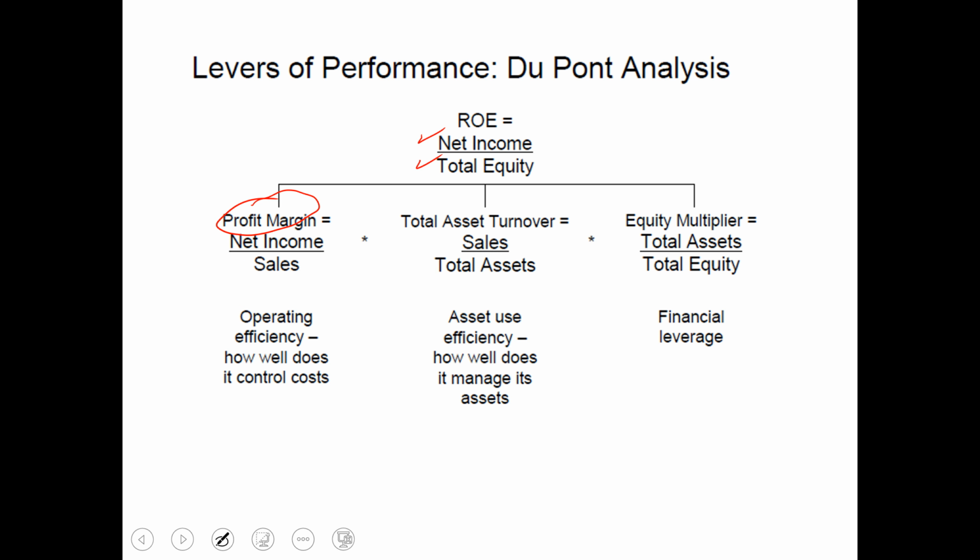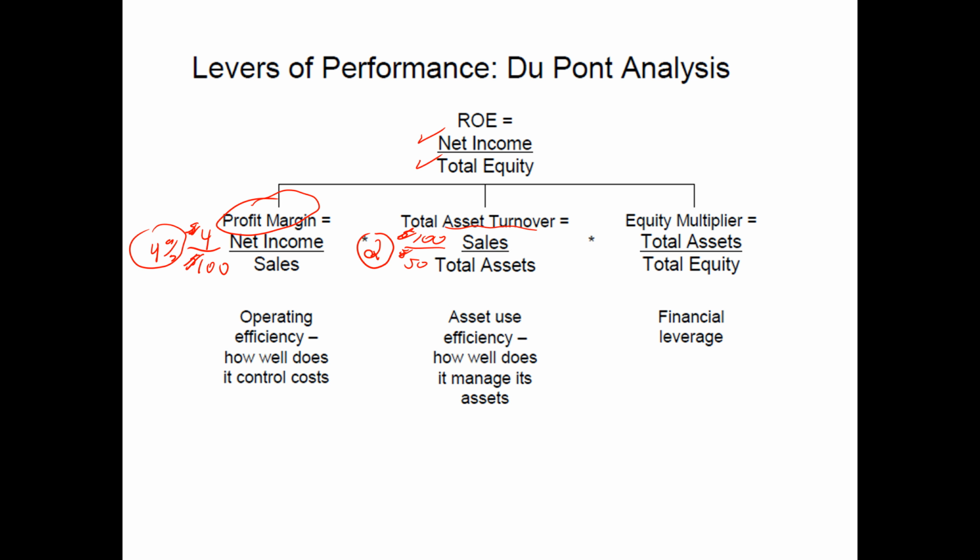So if I sell $100 worth of product and I keep $4, then my margin is going to be 4%. Asset turnover is a productivity measure. What are you getting out of your assets? And so let's say, for example, again, we have $100 in sales and you have 50 in assets, then your asset turnover measure is going to be 2.0.